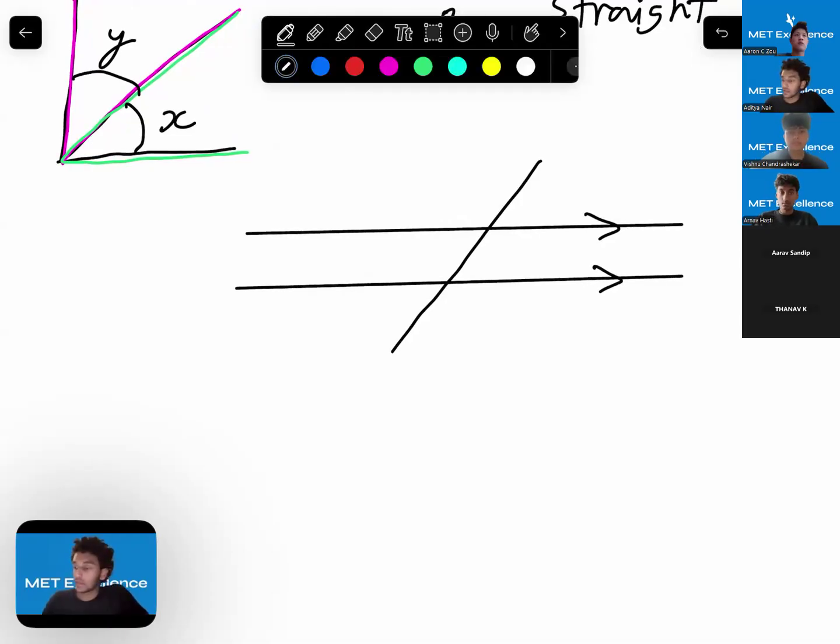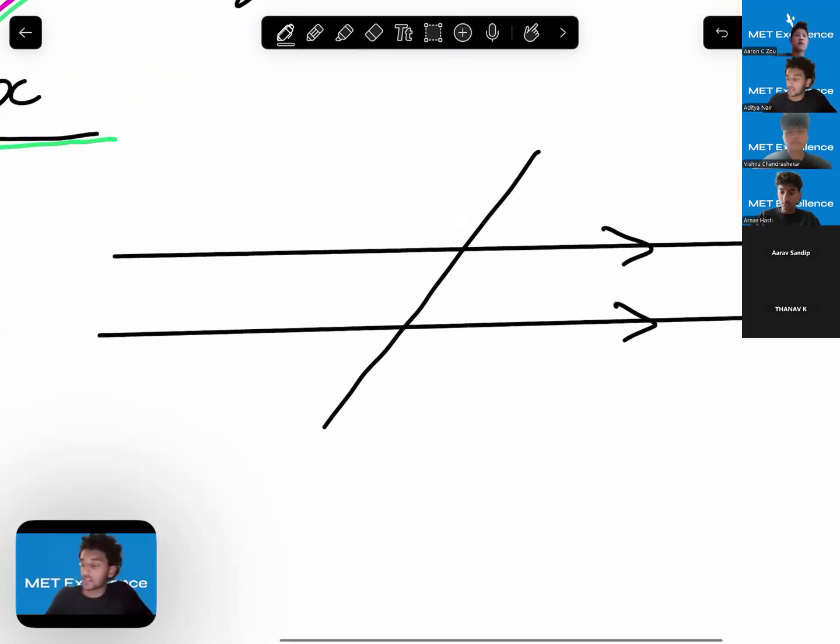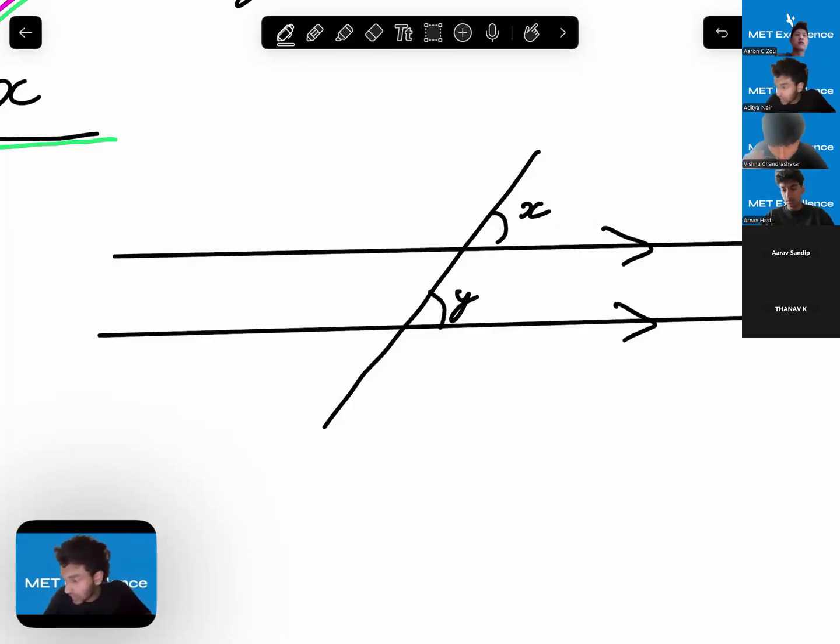There will be lots of questions on the test that have angles like X. Let's label X, Y, A, B, X, Y, A, B, right? And there we go.